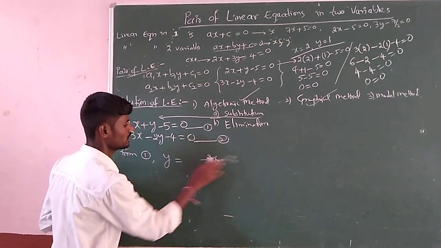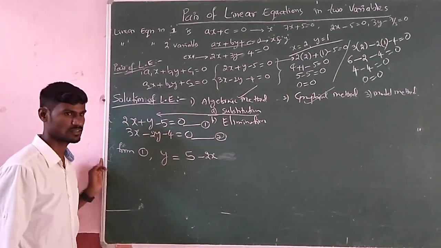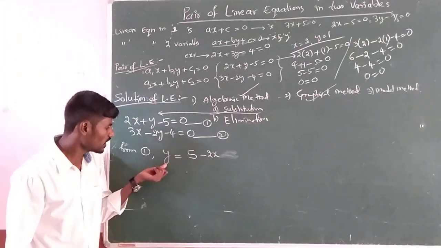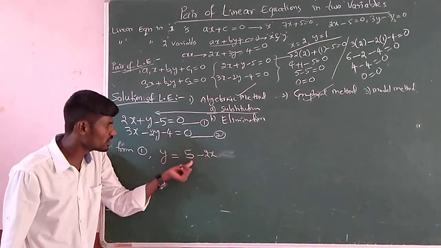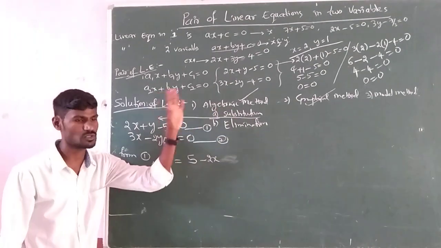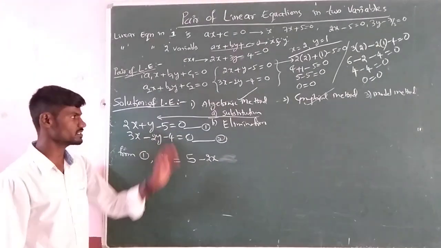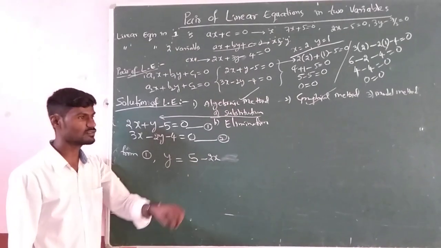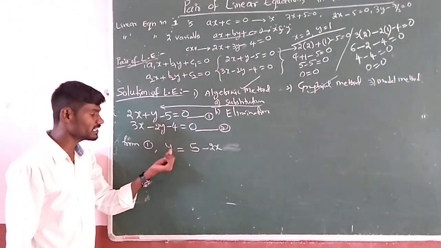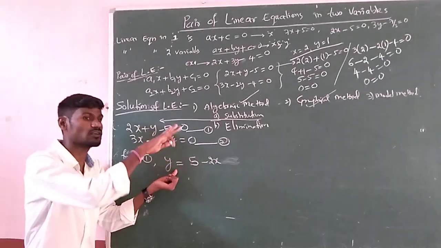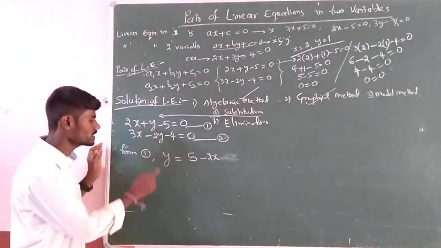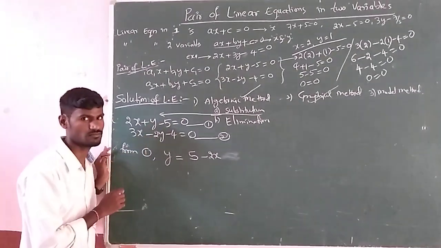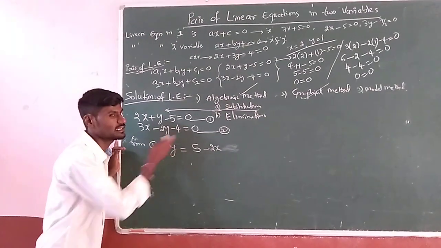So I am getting y equals 5 minus 2x. Now y is in terms of x, that is the meaning of substitution. Are you following? First step is to express one variable in terms of the other variable. Then substitute the obtained result in the other equation, not in the original one. It is obtained from the first equation, then we have to substitute in the second equation.